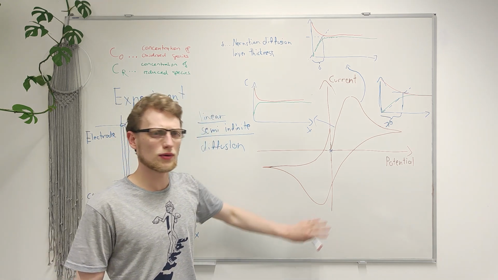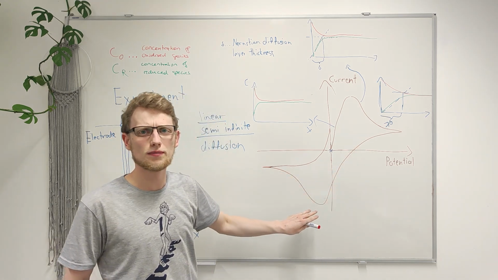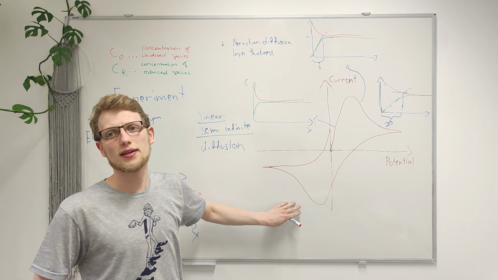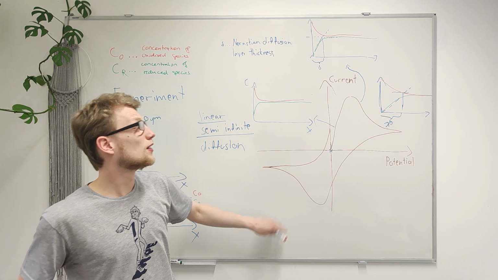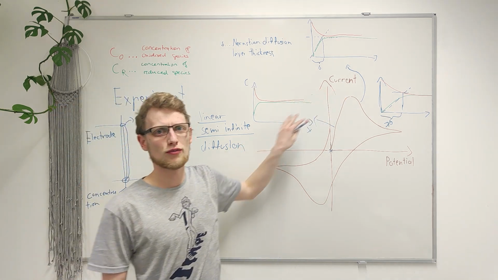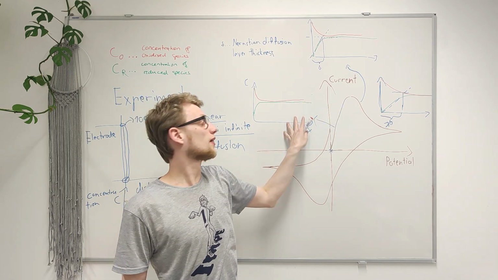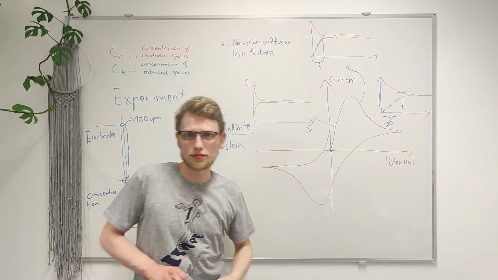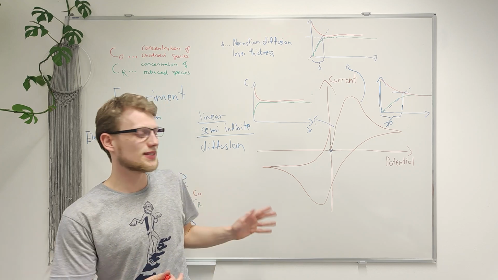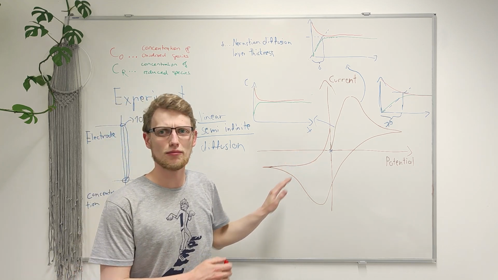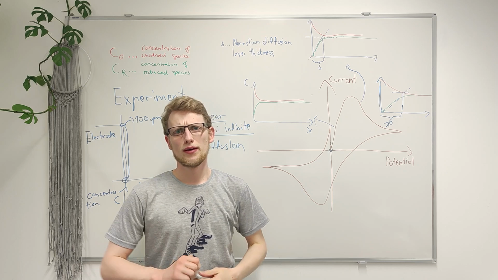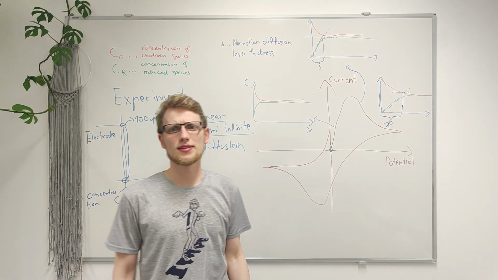If we then would go to reducing negative potentials and start reducing the oxidized species, we would observe something similar like this, but vice versa. Now, this is basically shaping this CV into the shape as it has.